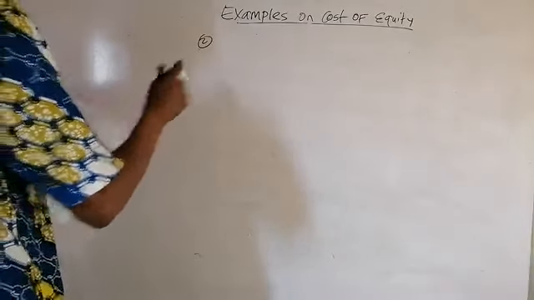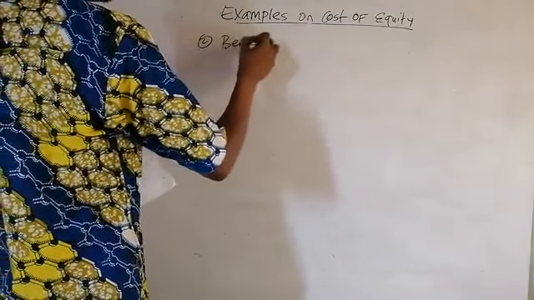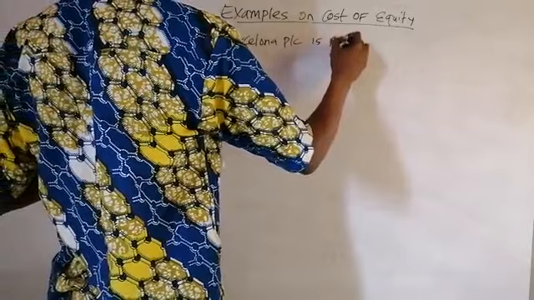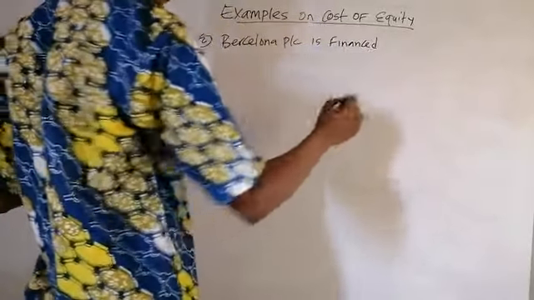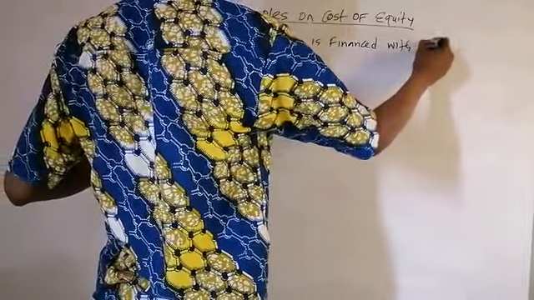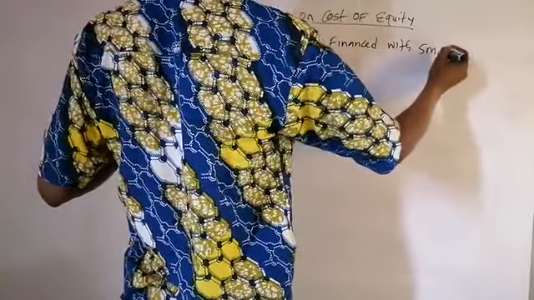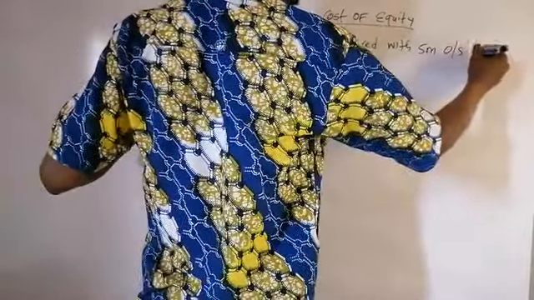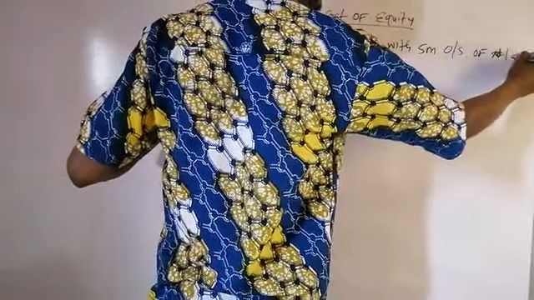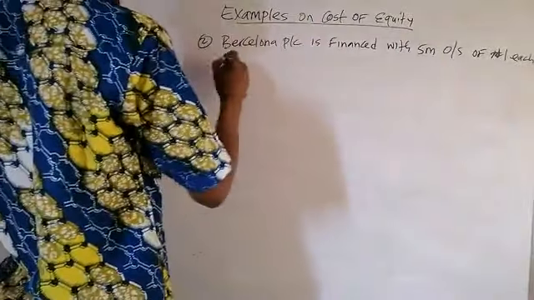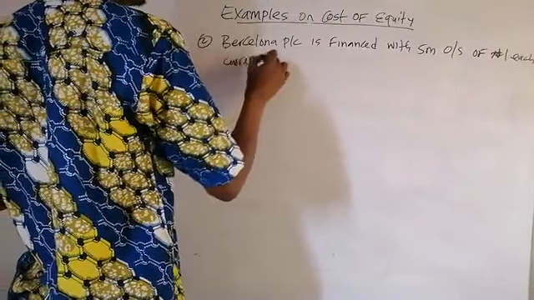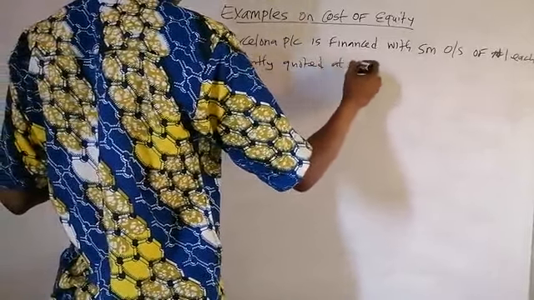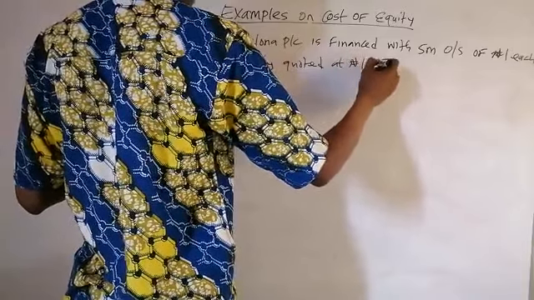It says Barcelona PLC is financed with 5 million ordinary shares (OS is ordinary share) of 1 naira each, currently quoted at 1 naira 10 kobo.